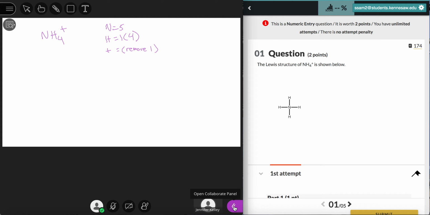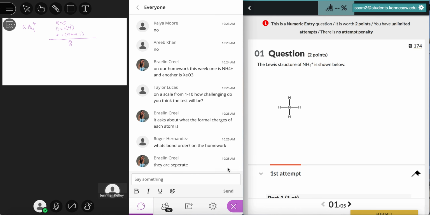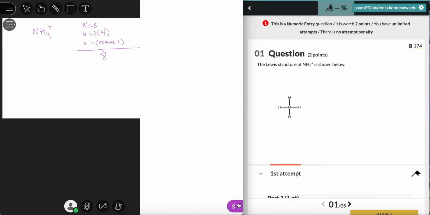Basically that's like minus 1. So it'd be 5 plus 4 is 9, and 9 minus 1 is 8. So if the charge is positive, you remove an electron. If the charge is negative, you add electrons to it.